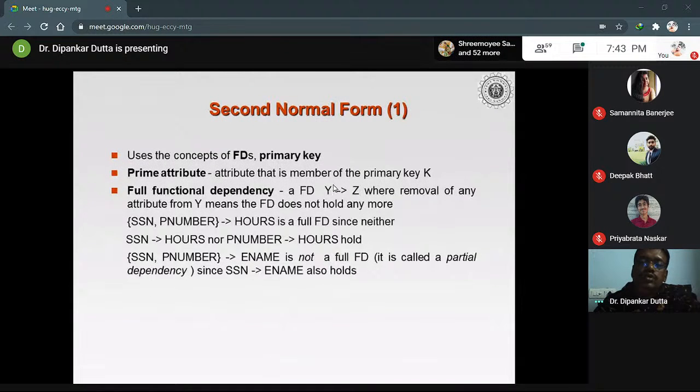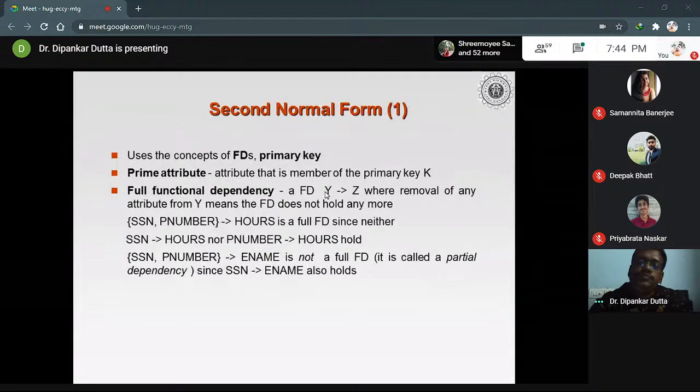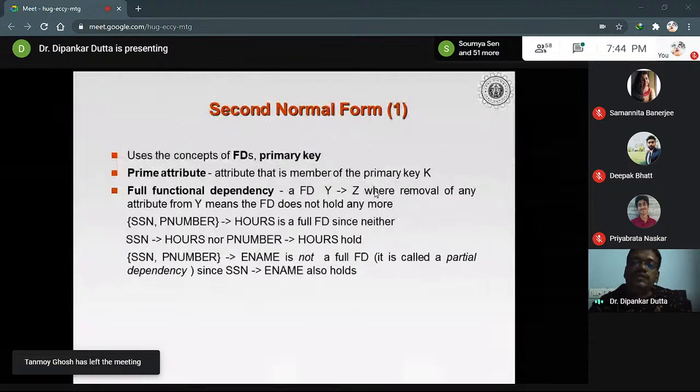Now, if we remove one attribute or two attributes from these and the functional dependency still holds, then it is not in second normal form.